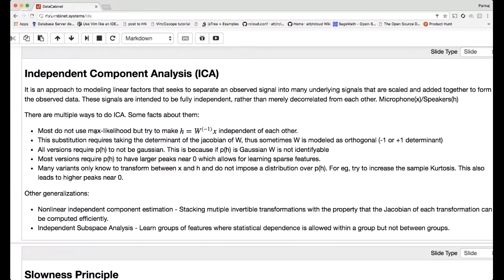Okay, so this one is trying to find a W that makes the H's look independent of each other. One other thing is that when you assume a distribution on H and you try to change the distribution, you cannot just do it directly.